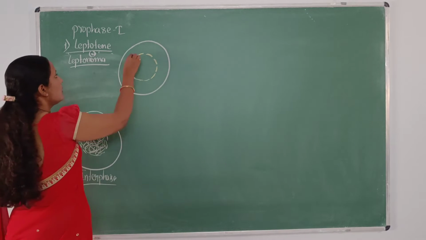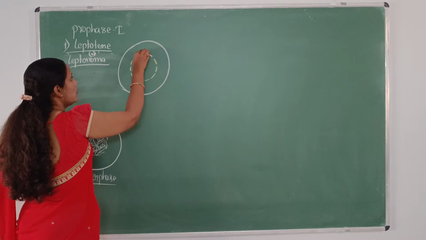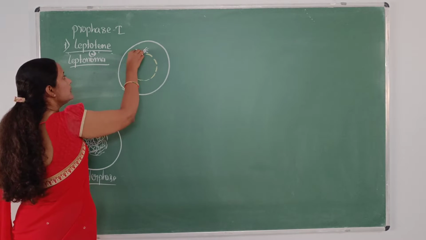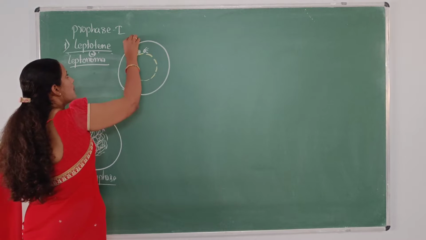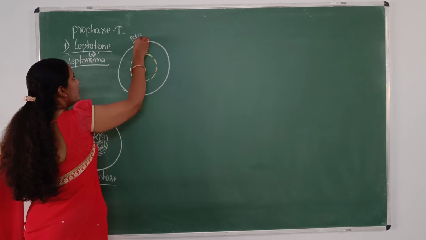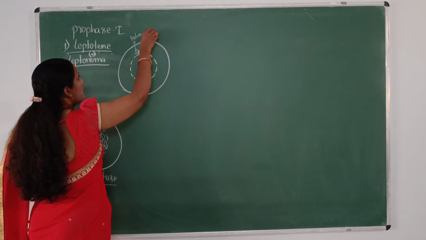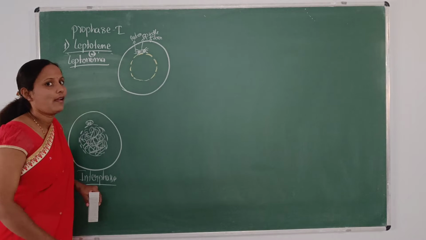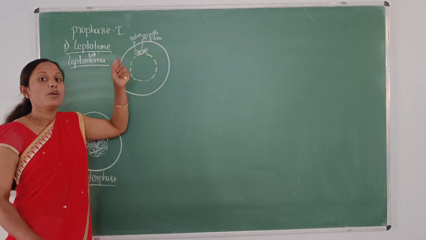There are centrioles which have started moving to the opposite pole. Not exactly moved apart, they just started moving, and there is a formation of spindle asters, and also between the centrioles the formation of spindle fibers begins. Remember, the centrioles have not moved apart here.